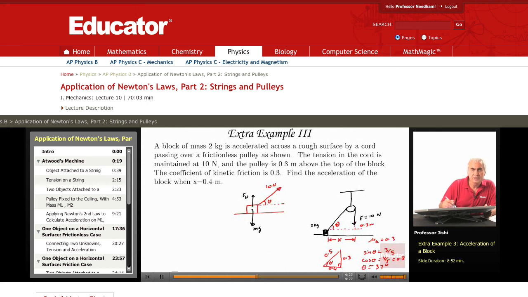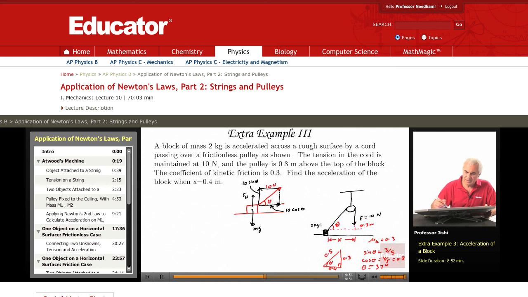This force, the 10 newtons, has two components. I can write it as a horizontal force of 10 cosine theta plus a vertical force of 10 sine theta.